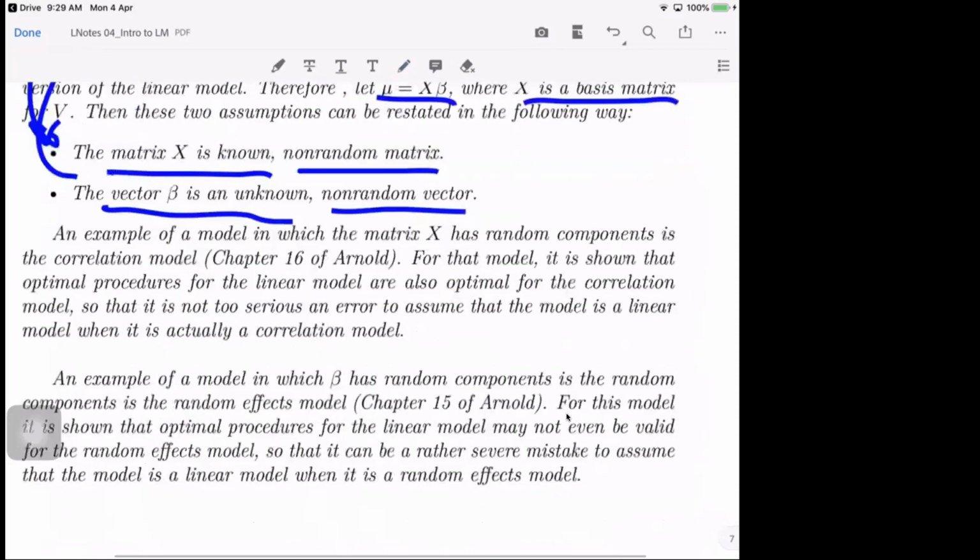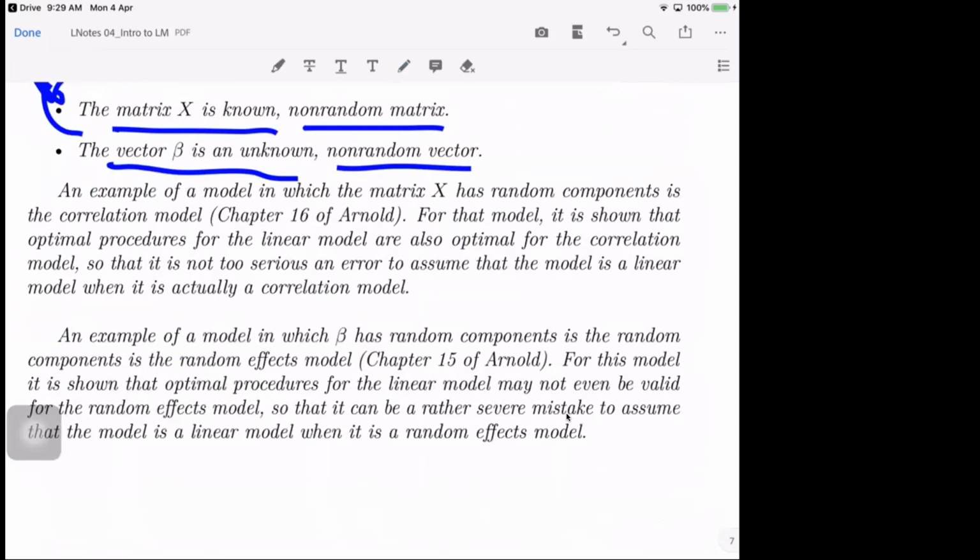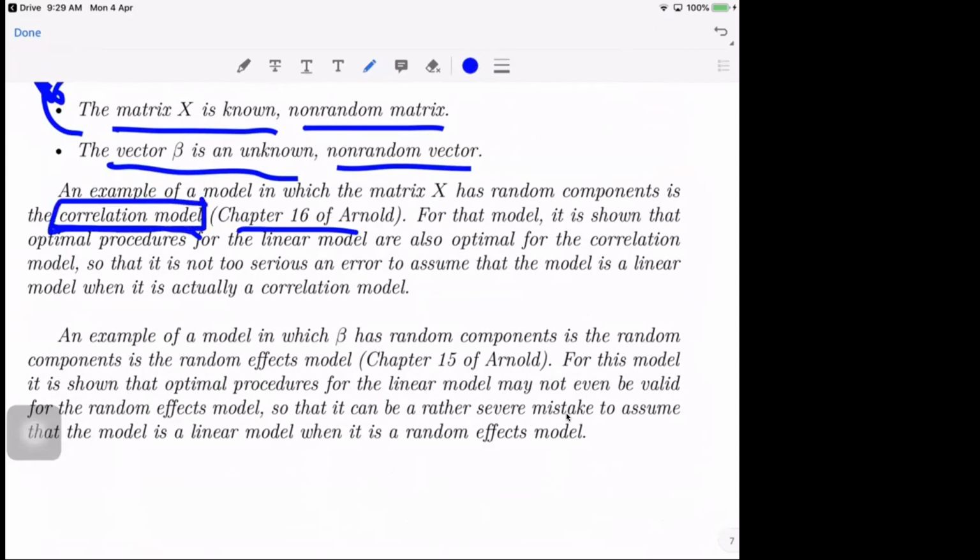So an example of a model in which the matrix X has a random component is the correlation model, which is discussed in chapter 16 of Arnold. In the multivariate case, this correlation model will have a statistical method known as canonical correlation analysis. For that model, it is shown that the optimal procedures for the linear model are also optimal for the correlation model, so it is not too serious an error to assume that the model is a linear model when it is actually a correlation model.